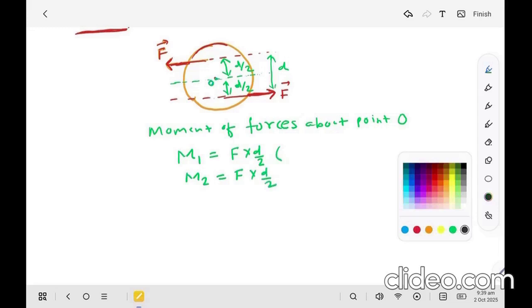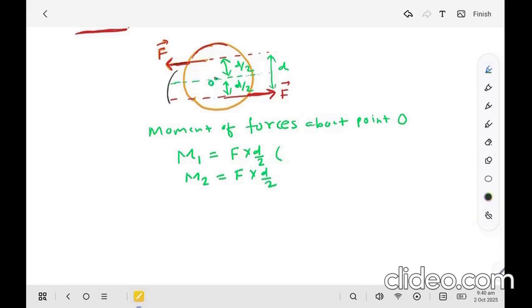This force has a tendency to rotate the object about point O in this direction, and this force also has the tendency to rotate the body about O in this direction.